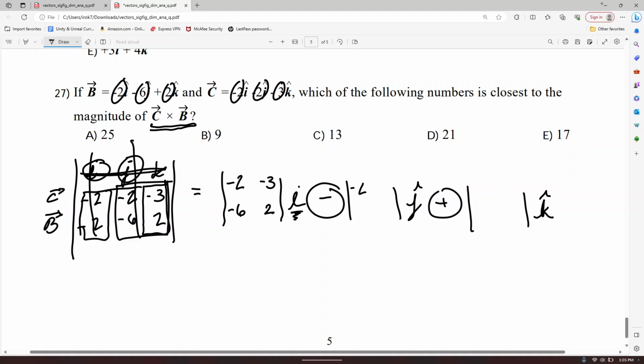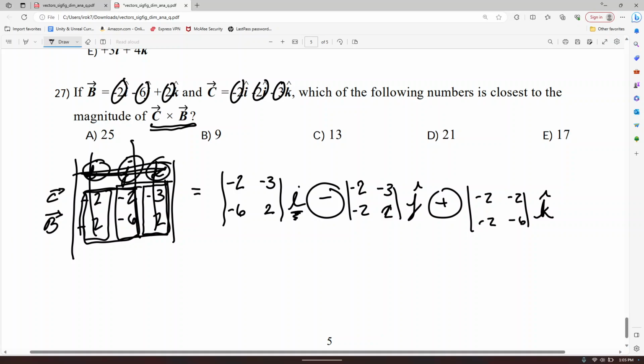So this is -2, -3, and this is -2 and 2. And now when we finally look at k, we're going to cross this way. So our table is this one right here. It's all negatives, and it's just going to be 2, 2, -2, 6.